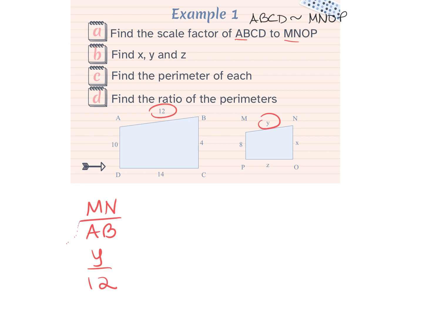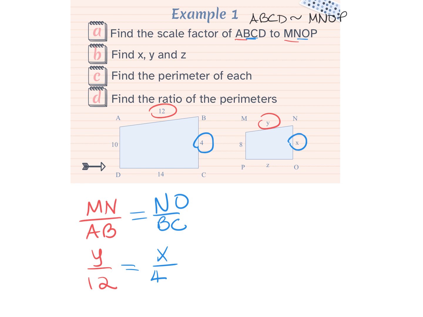So let me go to the next two. So then if I try the BC and the NO, BC is 4, NO is X. That's not helping me so far. The letters themselves are forming my statement of proportionality.